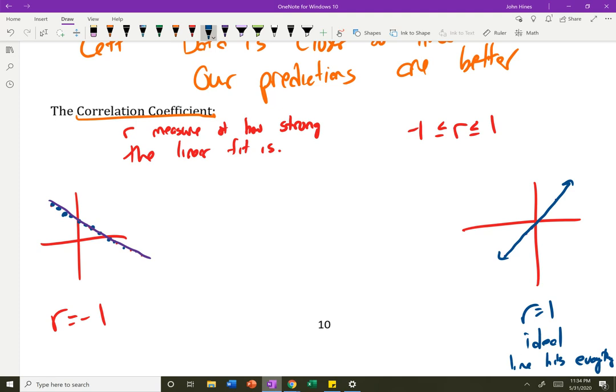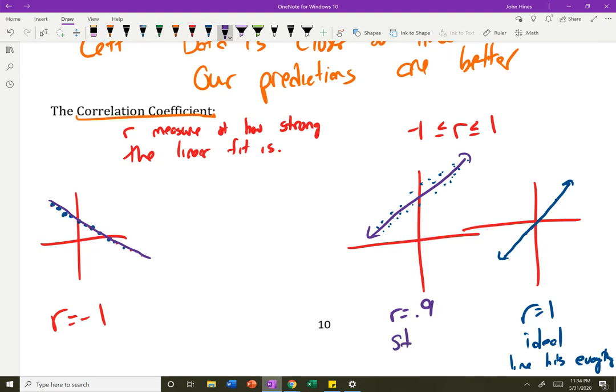But that's not usually what happens. Usually, we have this kind of strong clustering where the data is pretty close together. A line can't go through all the points, but there's this strong fit where the dots are close to it. This would be like R equals 0.9. 0.9 is pretty close to 1. 0.9 is a good R value.